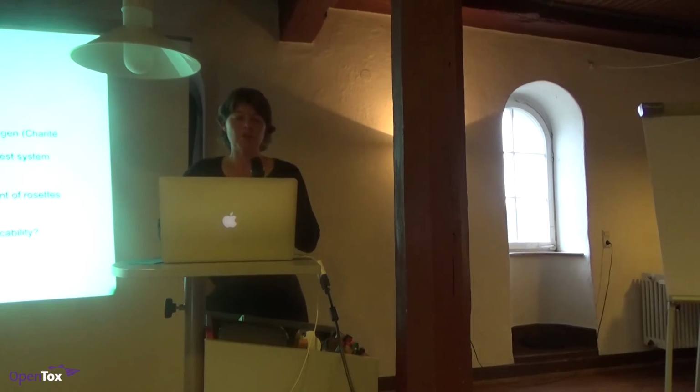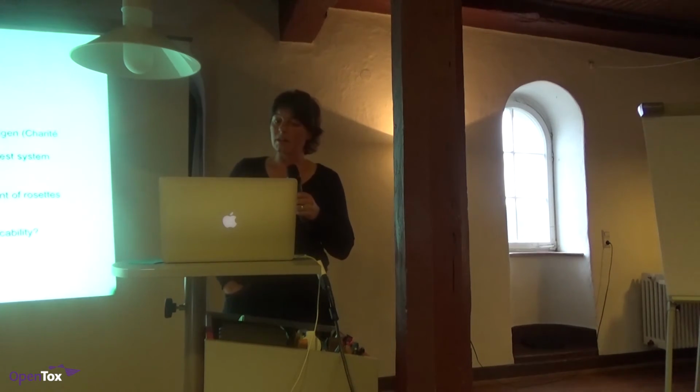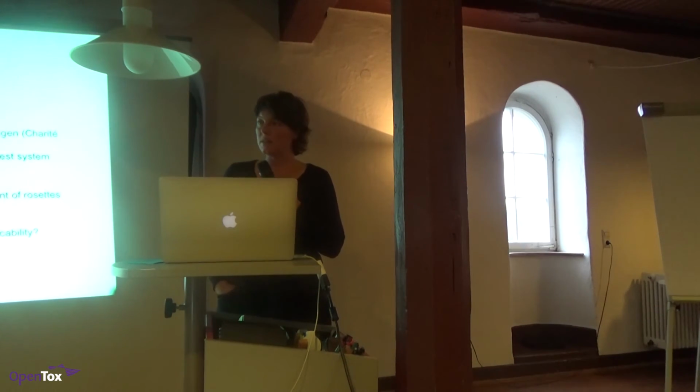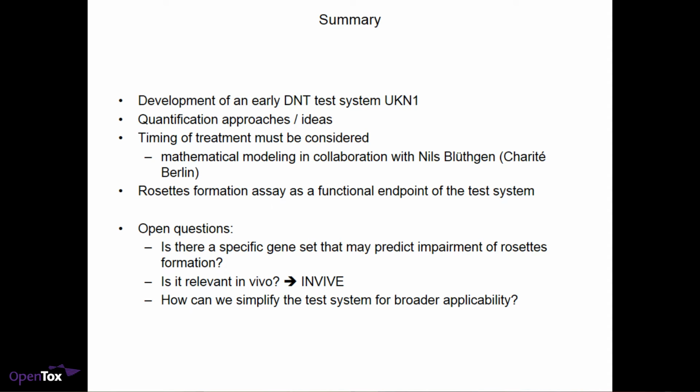So I have shown you that we have developed an early DNT test system called UKN1. I proposed some quantification approaches, quantification ideas. I've shown you that timing of treatment must be considered, and that the rosette formation is a functional endpoint of the test system.